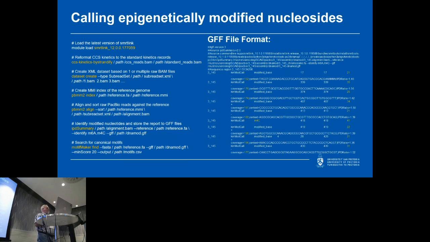This information is stored as initial BAM files. FASTQ files do not have this information. So you have to request the initial files, assemble reads into a genome, then align these reads against the genome, and a program like IPD summary can analyze the kinetics of base calling and statistically predict locations of modified nucleotides.